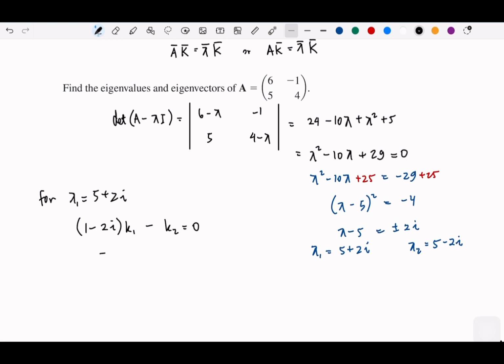The second one is 5 k1 plus 4 minus lambda, so 4 minus 5 minus 2i, so we have minus 1 minus 2i, or since it's minus 1, I will factor out and write 1 plus 2i k2.